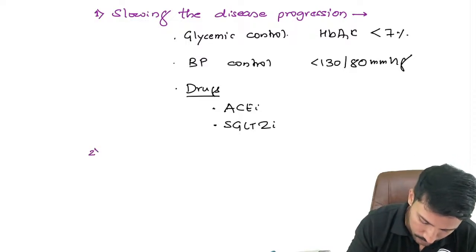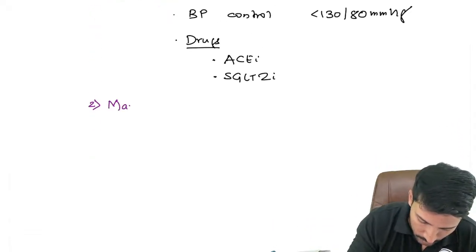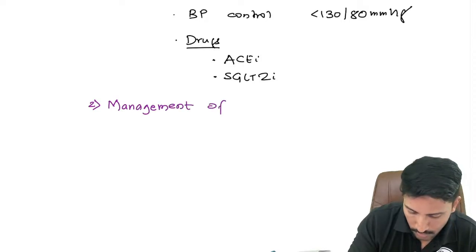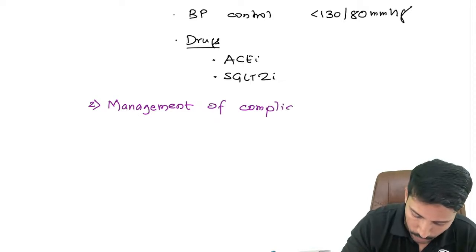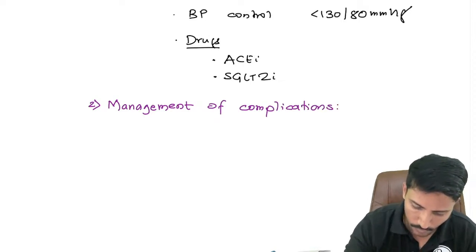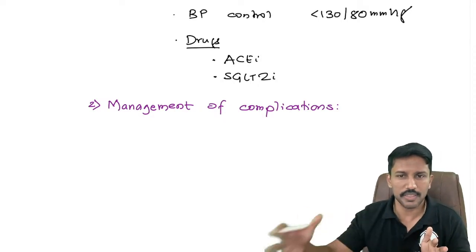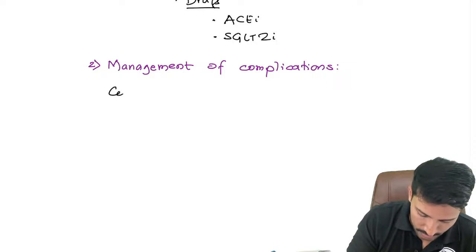Second is management of complications. How will I manage a complication of CKD? On one side we'll write the complication, first line management and second line management. So let us have a small table.